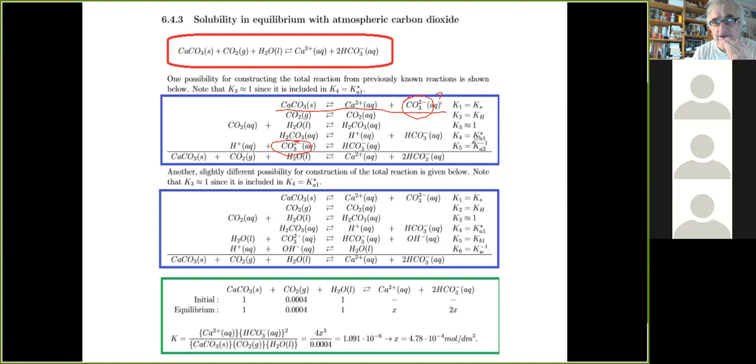Since it is the reverse reaction, the equilibrium constant is the inverse. Then we get hydrogen carbonate, but H+, yeah, carbonic acid is perhaps a possibility, but where do we get that from? We get it from reaction with carbon dioxide and water, and carbon dioxide aqueous we get from dissolution of gaseous carbon dioxide.